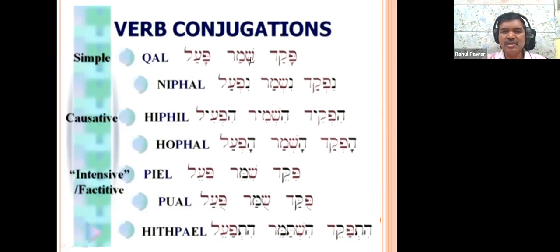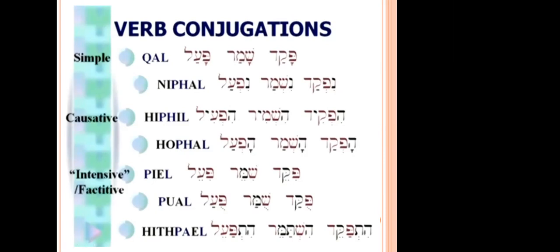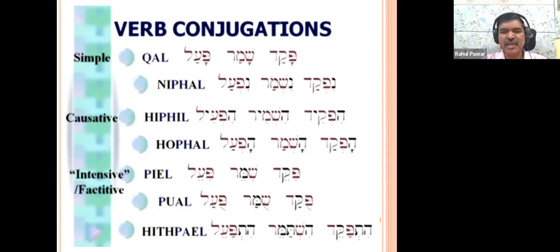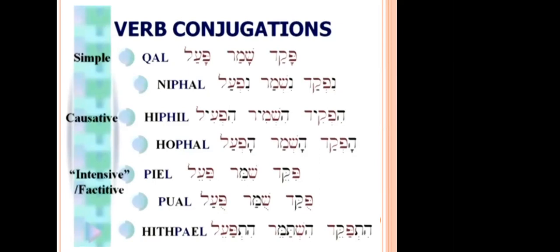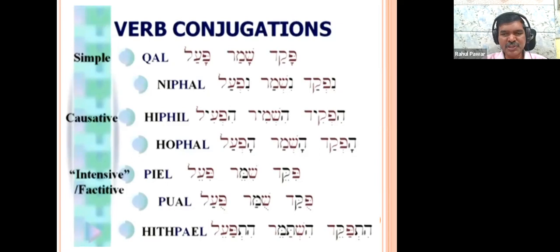Now, another root word is shamar. What is the meaning of shamar? Shamar means third person masculine singular, he kept. From shamar, passive voice, nishmar. Everyone say nishmar. Nishmar means he was kept.